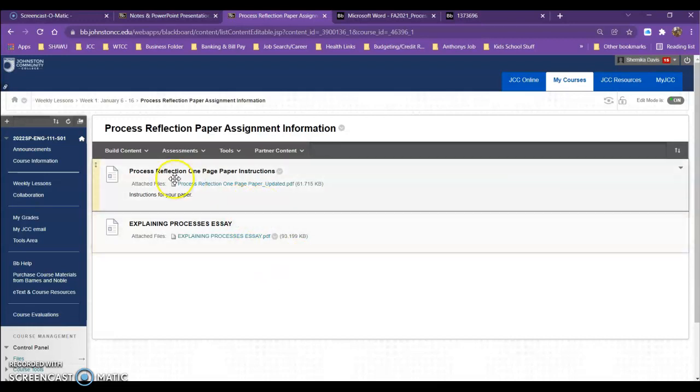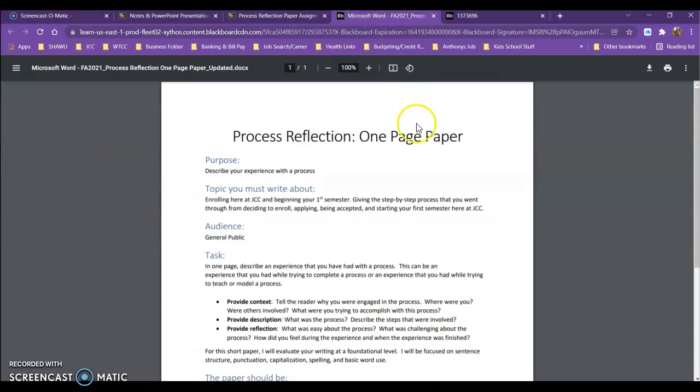To start, obviously, you have the process reflection paper instructions. So let's go over that. With this paper, you're describing an experience with a process, and we're going to talk about that a little bit more in just a moment.